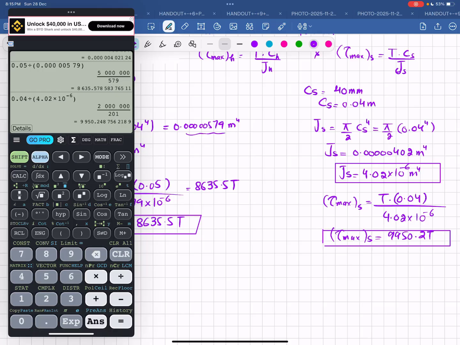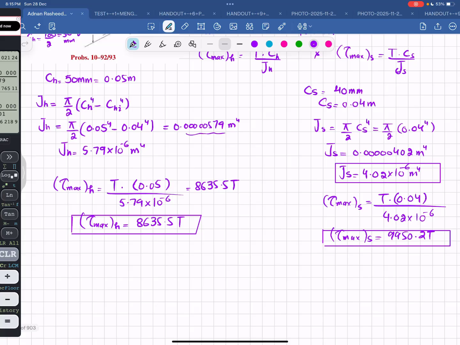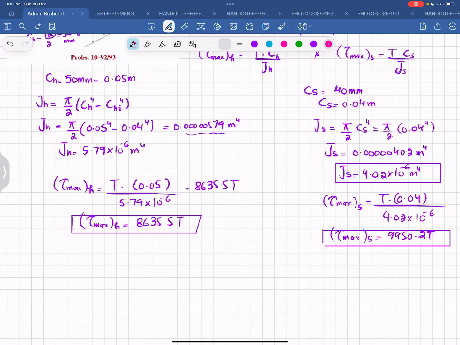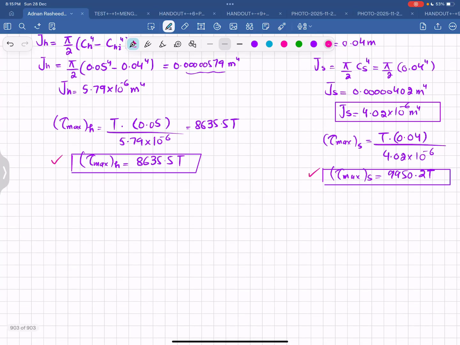This is T. Now we have two shear stresses, one for the maximum shear stress in the hollow shaft and one for the maximum shear stress in the solid shaft. By comparison, we can see that the points on the shaft of solid section will experience larger shear stress.